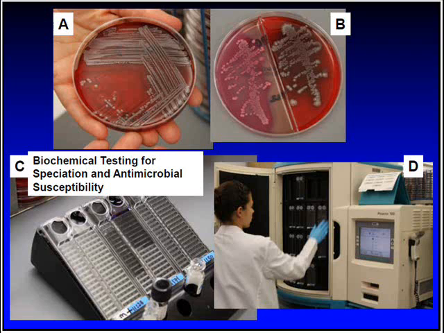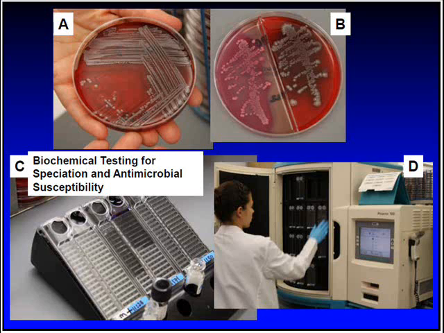Subcultures require time to incubate and grow out, which may take another 24 hours. Panel C shows 3 biochemical test plates for organism speciation and antimicrobial susceptibility testing. These plates are used with the BD Phoenix system. The biochemical tests allow laboratorians to profile the metabolic characteristics of the organism, and this is used to speciate.